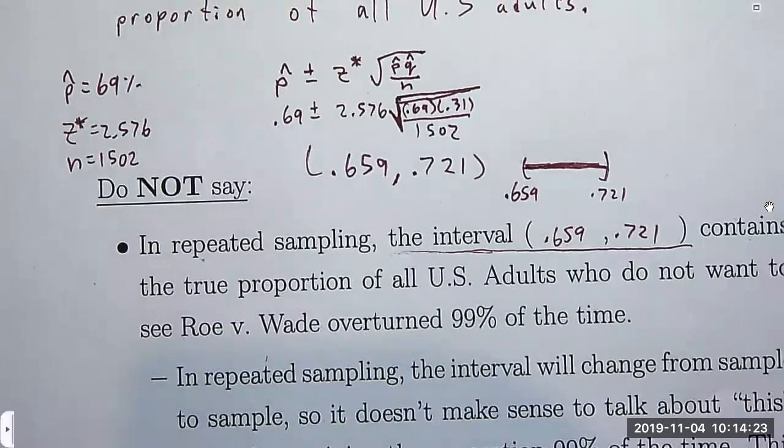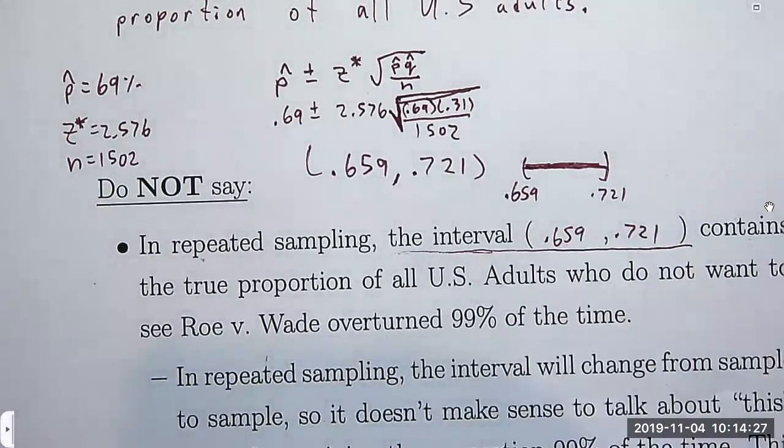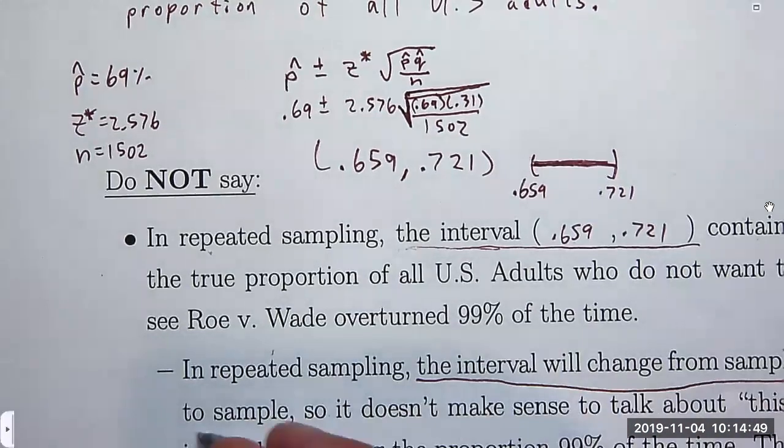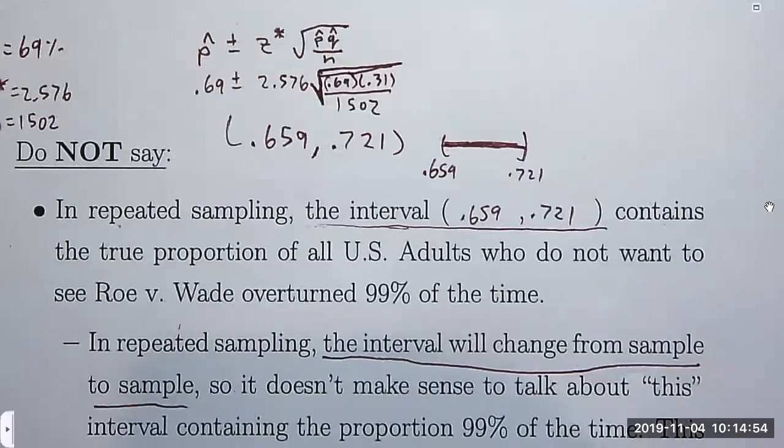So it doesn't make sense to write down this specific interval if you're talking about containing p a certain percentage of the time, because it's many different intervals depending on each of the different samples that you do. That's the underlying part. The interval will change from sample to sample.